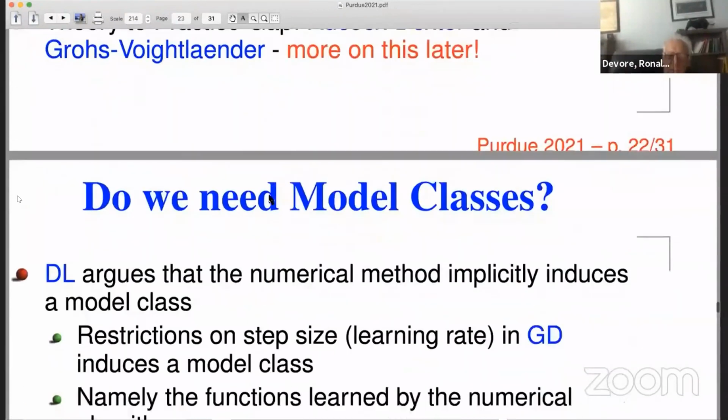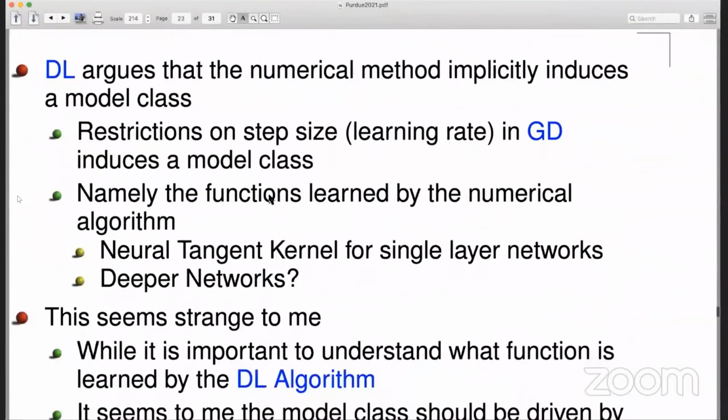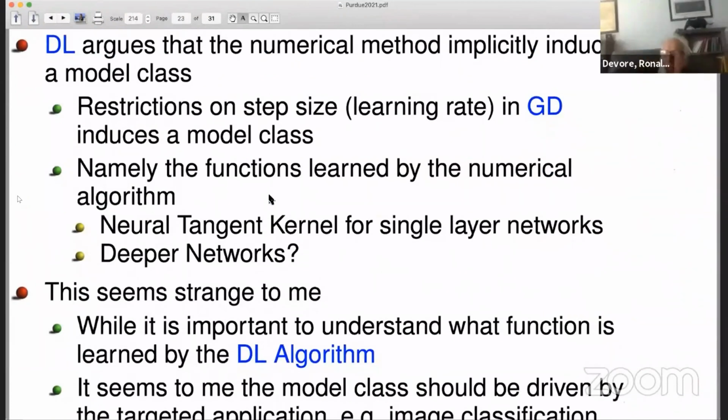All right, so I've pushed model classes. When I talk to people doing deep learning, they don't typically use model classes and they argue against it. So what is their viewpoint? Their viewpoint is, well, we have an algorithm and we know our algorithm is great. We know deep learning does a wonderful job.